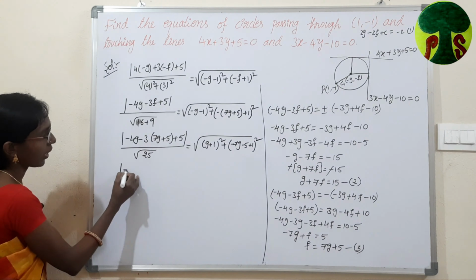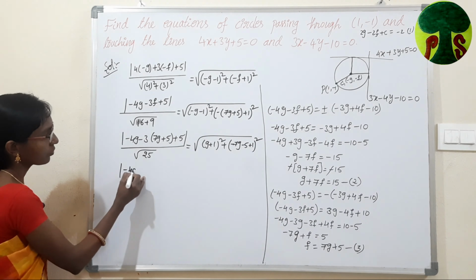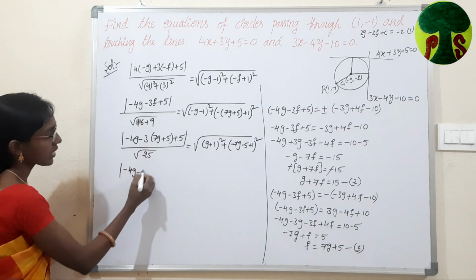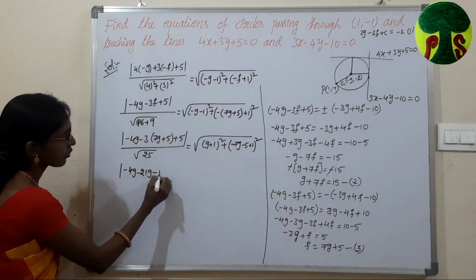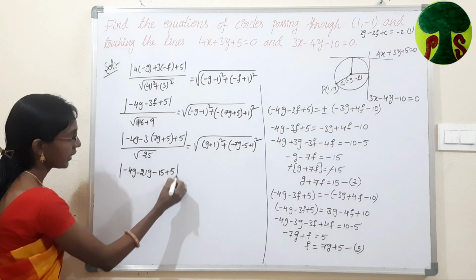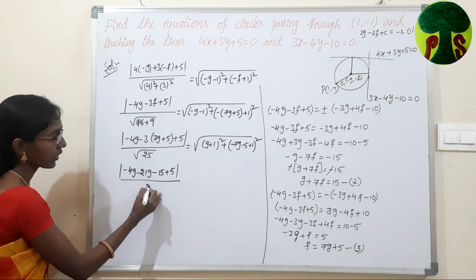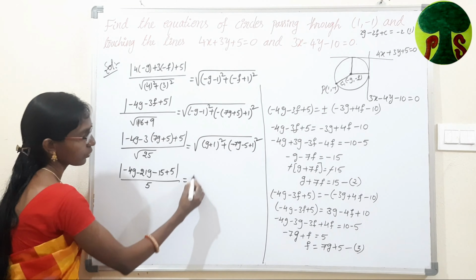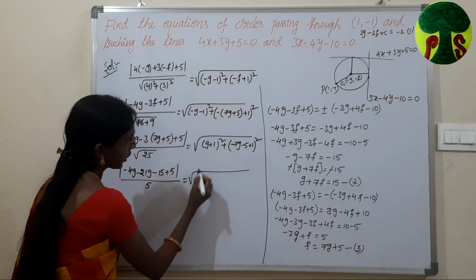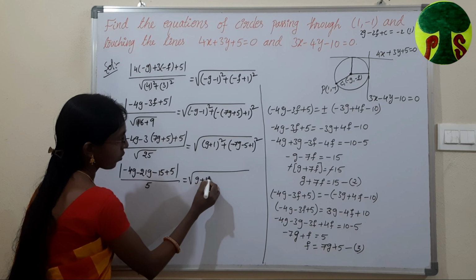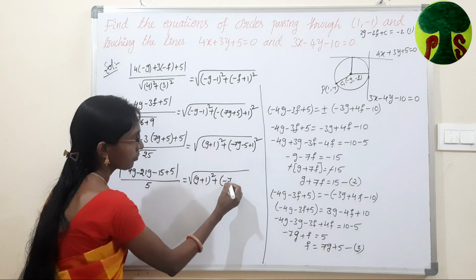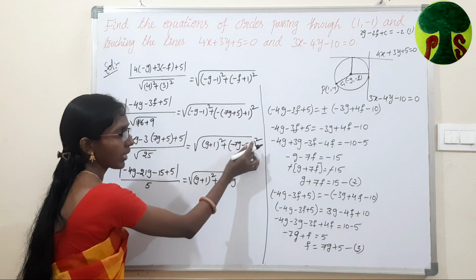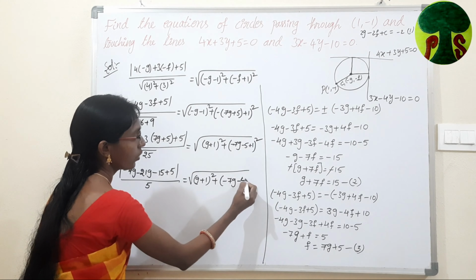Simplifying this, minus 4g minus 7 3 is 21, 21g plus into minus 5 3 is 15 plus 5 divided by square root of 25 means 5 is equal to square root of g plus 1 whole square plus minus 7g and minus 5 plus 1 means we will get minus 4 whole square.